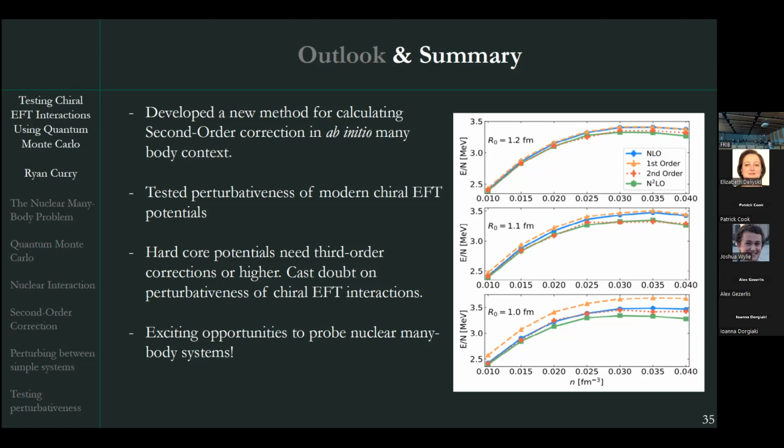So you can calculate excited states in QMC. If you remember, George mentioned that you want your trial state to be non-orthogonal to the ground state. So if you were to use a trial state that was orthogonal to the ground state, you'd be able to calculate something like the first excited state, second excited state. There has been some work by Bob Wiringa. They've looked at the first few excited states.